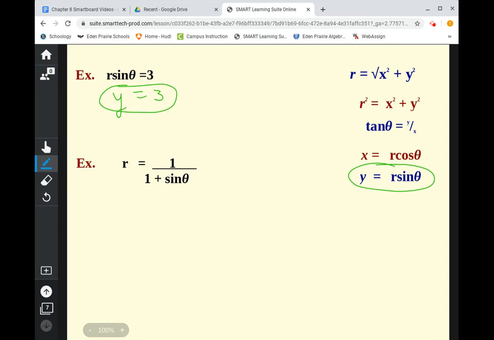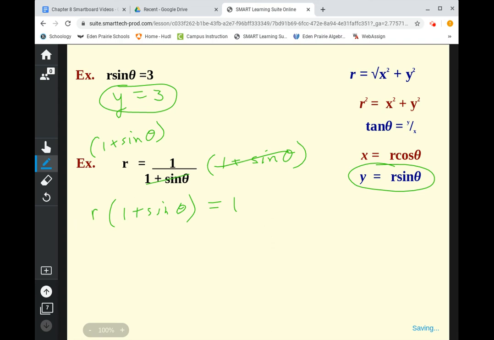I did want to show it to you guys, but what you do is multiply both sides by 1 plus the sine of theta. Watch as I work. All right, so now I have r times 1 plus the sine of theta on this side, and this and this would cancel, equals 1.